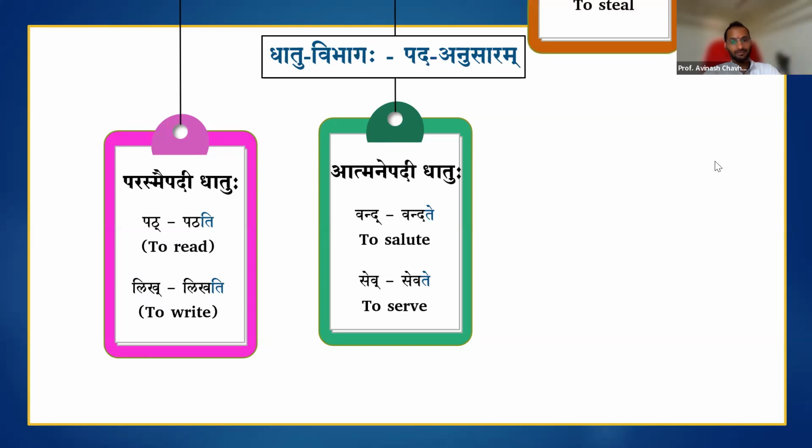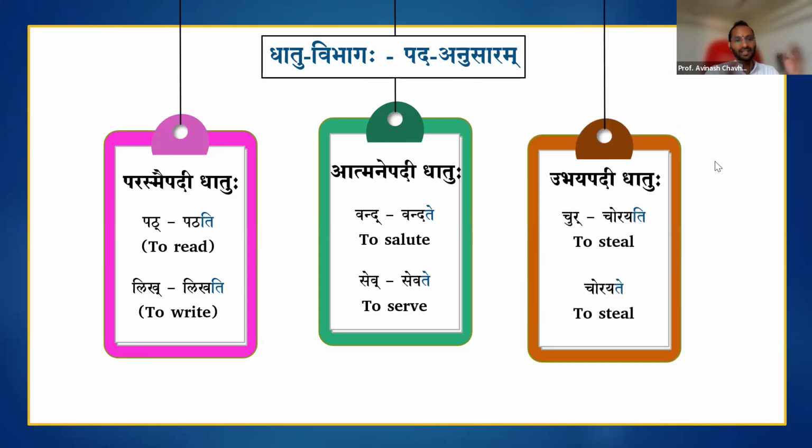And there are some dhatus which belong to parasmaipada and also atmanepada, like chorayati, and you will find chorayate also, right? So parasmaipada, atmanepada and ubhayapada. That's how dhatus are categorized. So this is one categorization, pada anusaram: parasmaipada, atmanepada and ubhayapada.